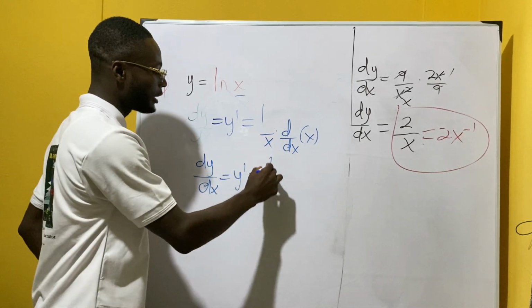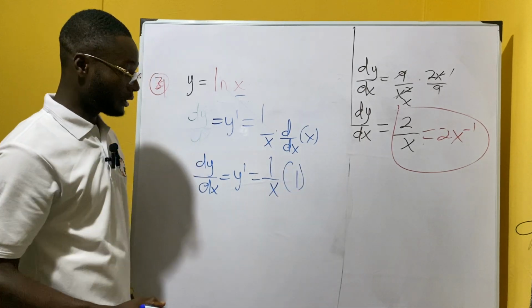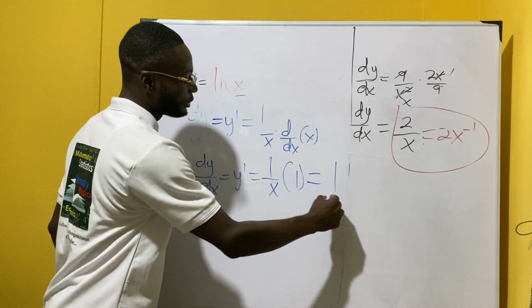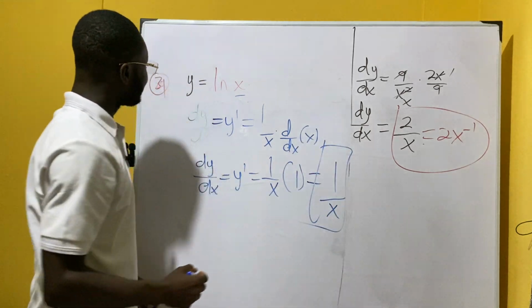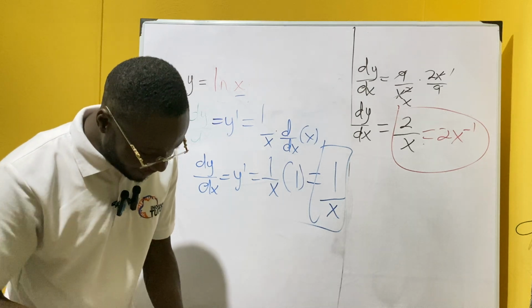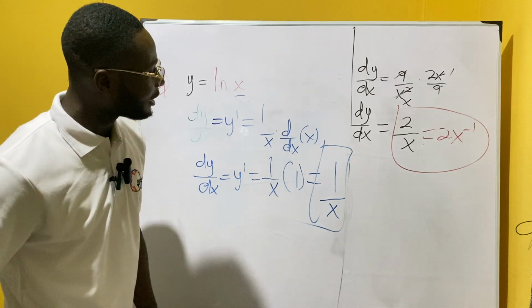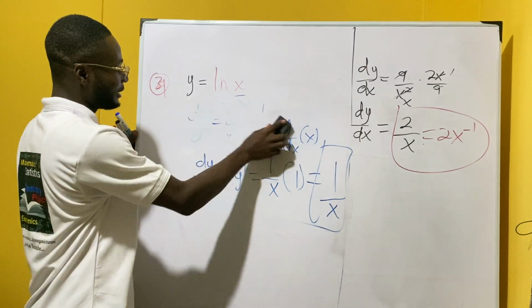We know that the differential of x is going to be 1. So we have our answer to be 1 over x. Very, very easy. Left with the last example on this particular topic, and we are down the line.